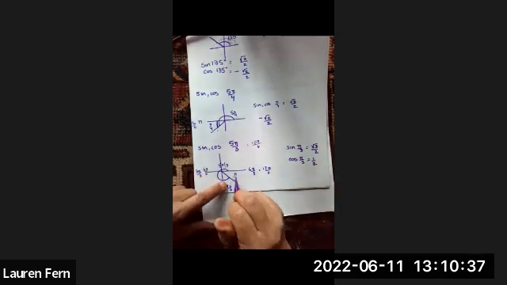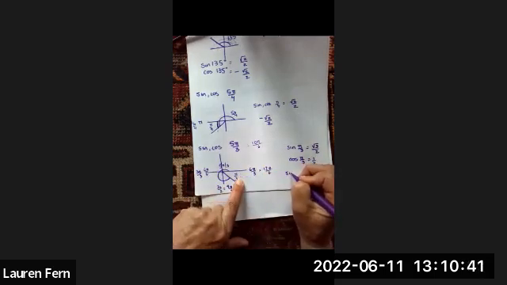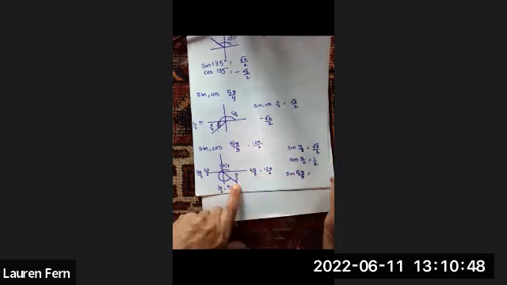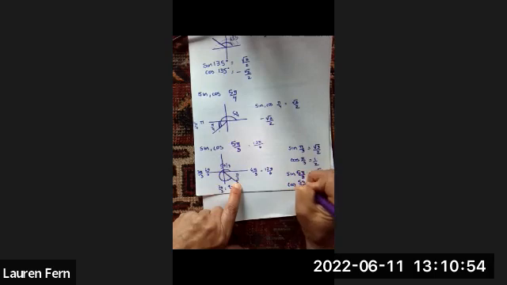Now what we need to do is adjust for the sign of our quadrant. In other words, the sine of 5π/3, notice that's our y value and it's negative here. So I get negative √3/2. And the cosine of 5π/3 is going to be positive or negative 1/2.